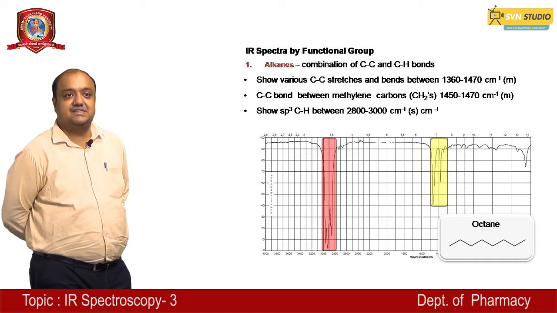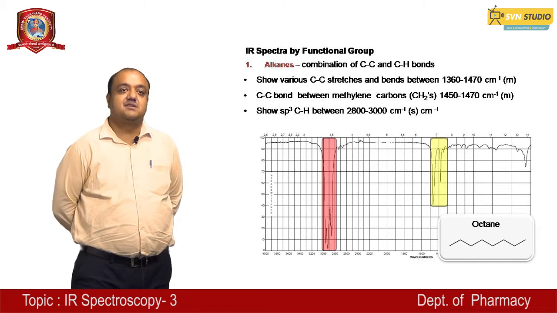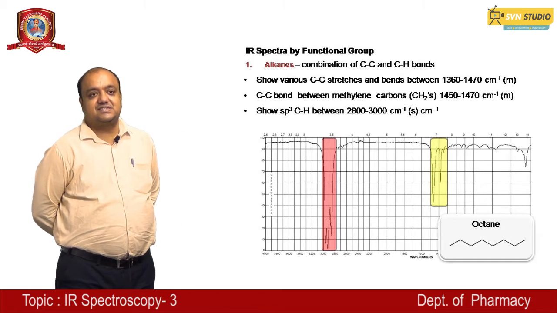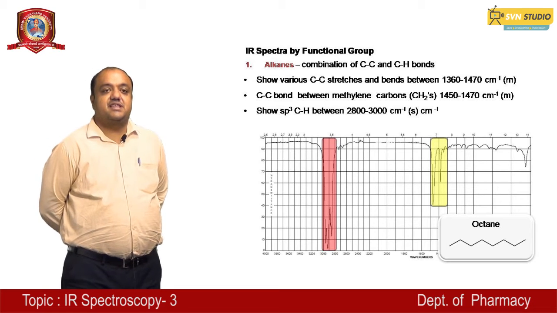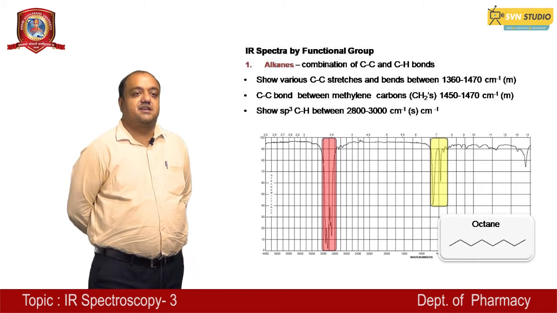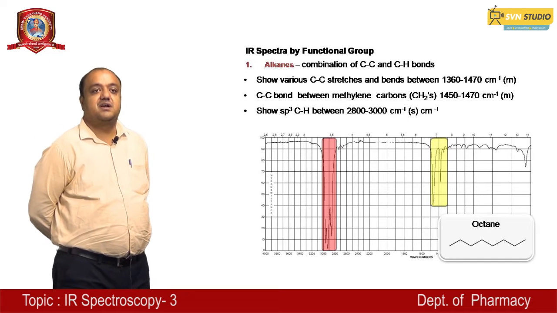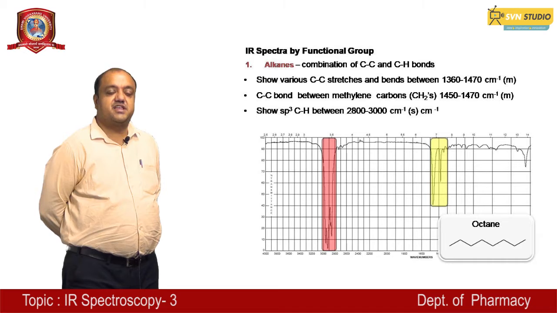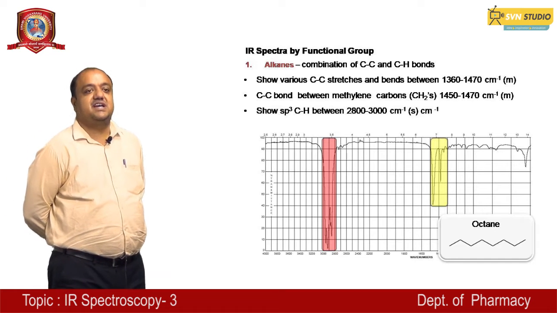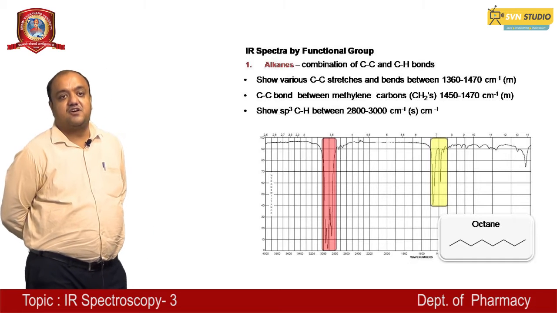examples like alkanes, which is a combination of carbon-carbon single bonds and C-H bonds, which show the various C-C stretches and bends between 1360 to 1470 centimeter inverse in medium intensity peak, and the second one is the carbon-carbon bond of methylene carbon at 1450 to 1470 centimeter inverse, and which shows the sp3 C-H between 2800 to 3000 centimeter inverse.